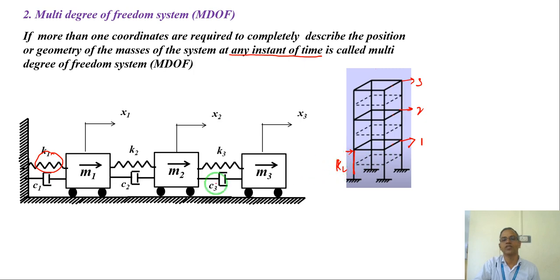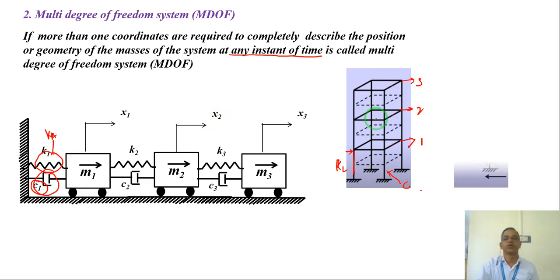Okay, lateral stiffness. Here the springs have axial stiffness. Okay, axial stiffness. And the columns have a damping C, and here I have a dashpot. That's all the difference.